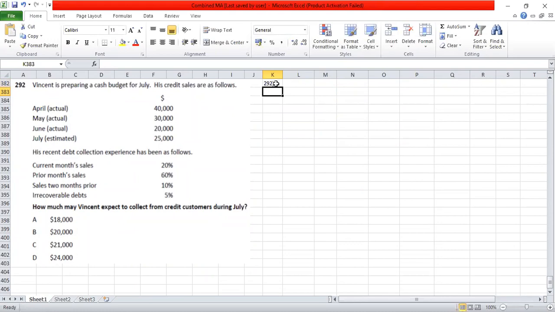See, there is a pattern in which the amounts are collected. It says that they are preparing a cash budget for the month of July, so only one specific month is considered. The credit sales are as follows, which means that when the sales are made, all the amount is not collected in the same period. That would be cash sales.